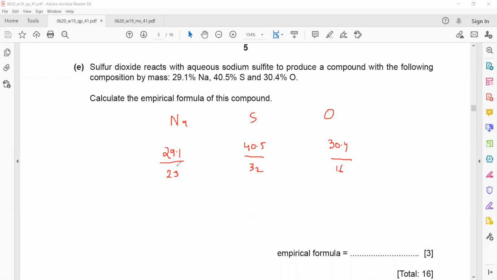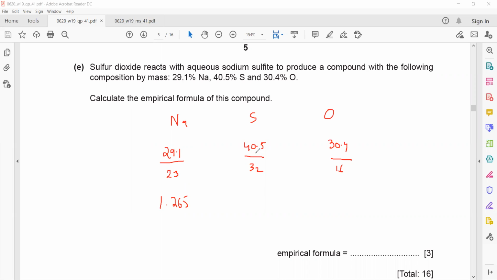What is the answer? 29.1 divided by 23. The first one, 1.265. Okay.